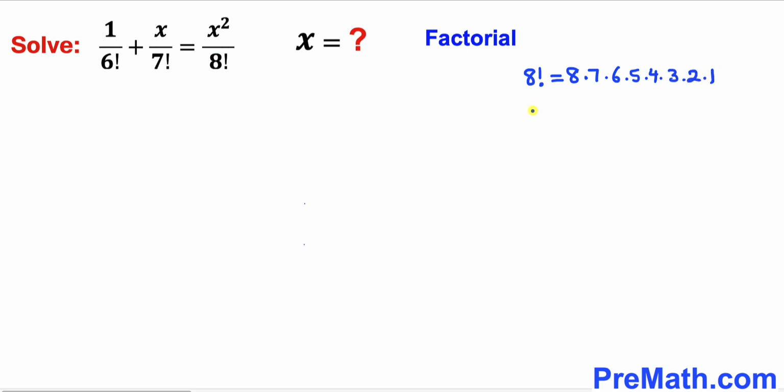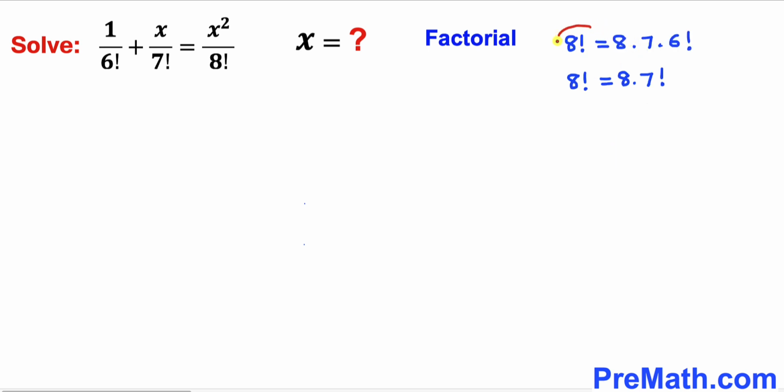And we could also write this 8 factorial as 8 times 7 times 6 factorial. We can stop at any point as long as we leave the factorial on. Let me give you one more example. 8 factorial could also be written as 8 times 7 factorial as well.